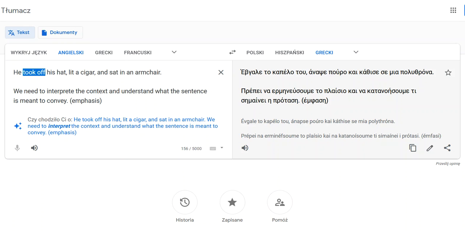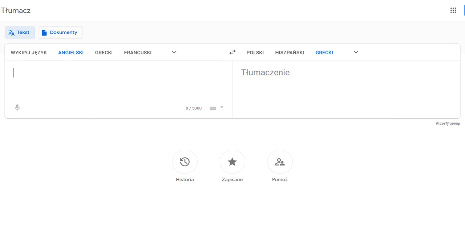He took off his hat first, then he lit a cigar, and then he sat in an armchair. Okay? And when we have that, then we need to use simple tenses. Now let's look at another example when the emphasis is not on the fact that the actions or incidents are successive.